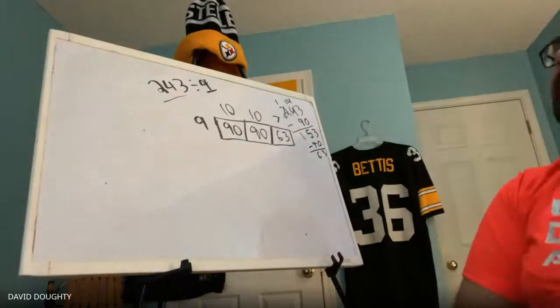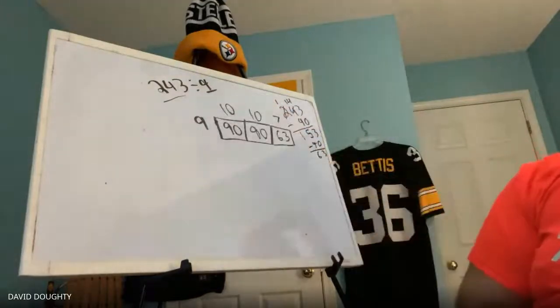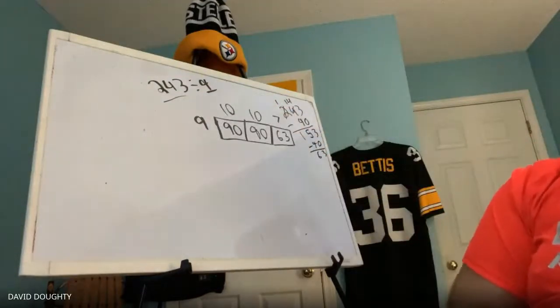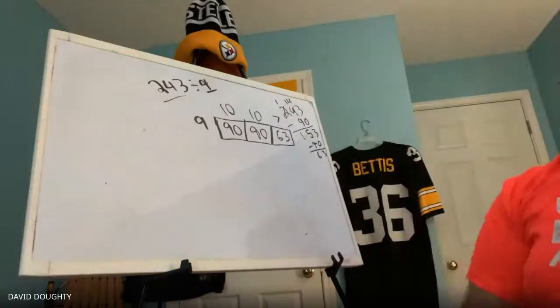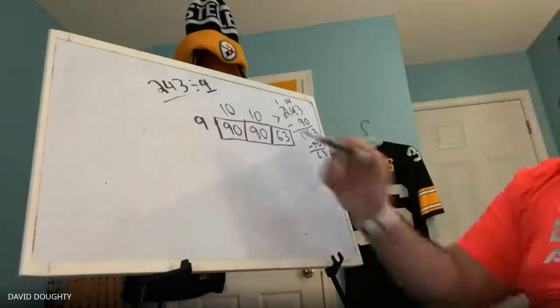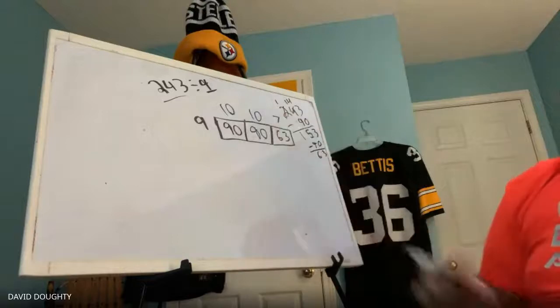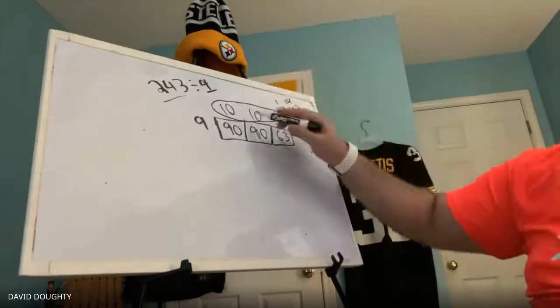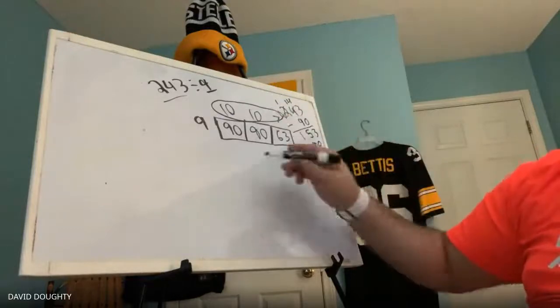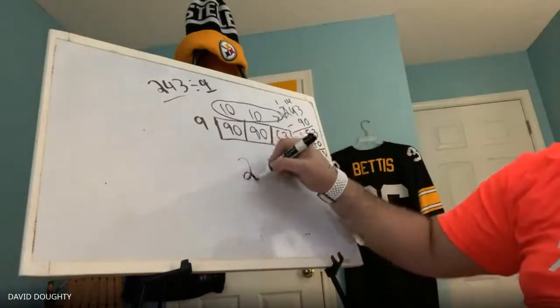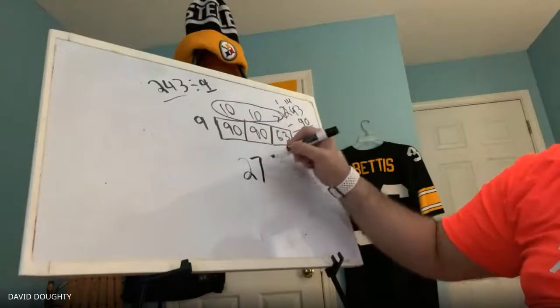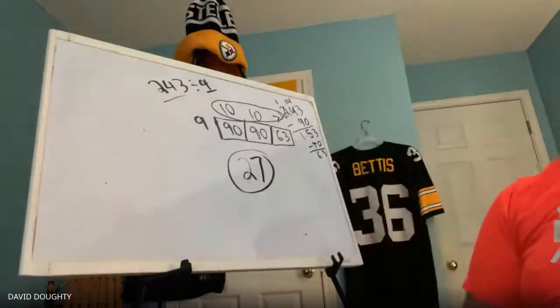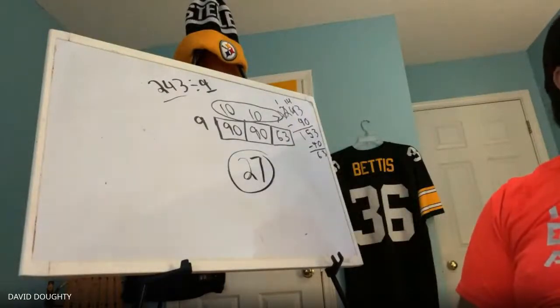Okay? So instead of doing the algorithm, instead of doing DMSB over and over again and getting this whole big problem that takes up the whole board, I've written down 7 different numbers. That's it. And now I'm going to add up these top 3 numbers. 10 and 10 is 20, and 20 plus 7 is 27. So 243 divided by 9 is 27. Okay? Very good, Mariah.